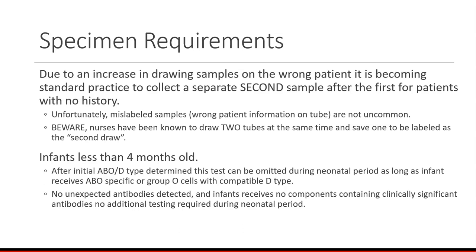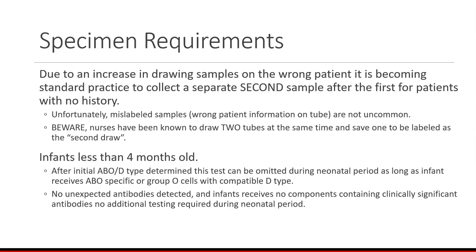Then, if we let them know we have no history on this patient, they have to draw a separately drawn second sample, so that we can compare. And this has reduced the number of incorrect collections tremendously, because it's very apparent if their ABO types do not match.